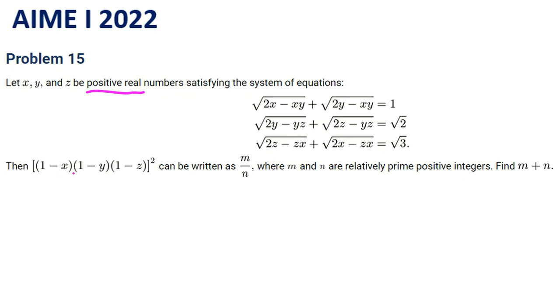Then (1 minus x)(1 minus y)(1 minus z) whole squared can be written as m over n, where m and n are relatively prime positive integers. Find m plus n.